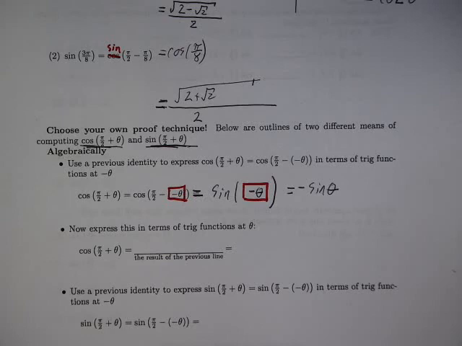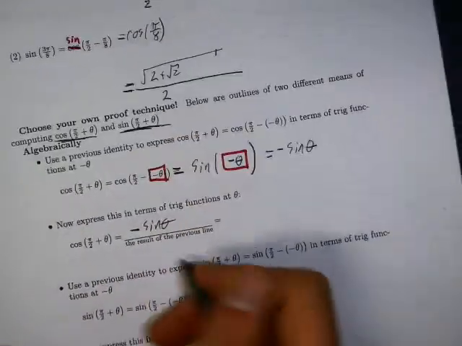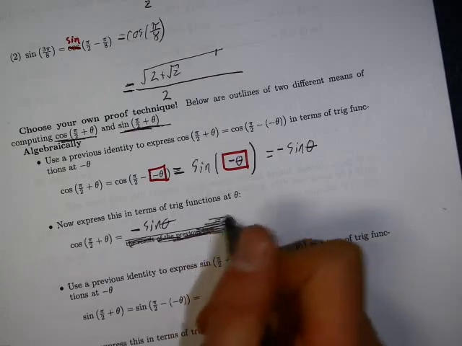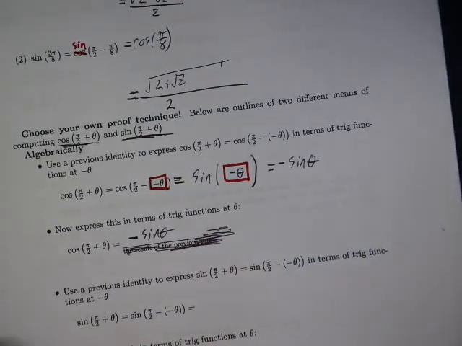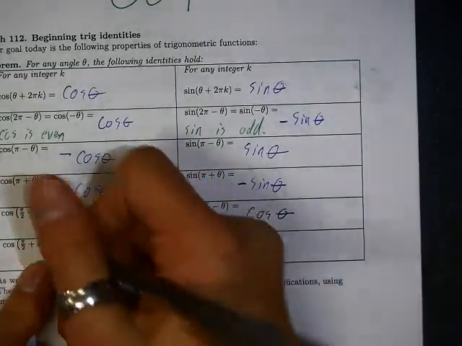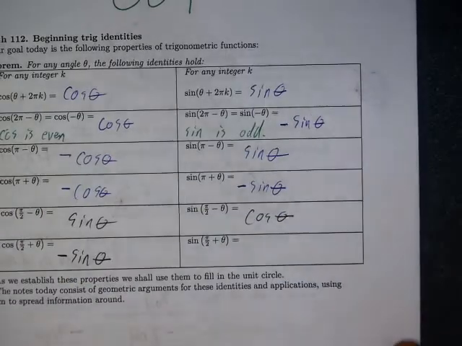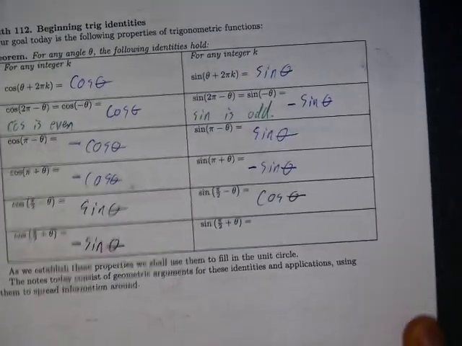So tell me then, what is the cosine of pi over 2 plus theta? Negative sine theta. Cool, so let's put that on the front page. Cosine of pi over 2 plus theta is the same thing as negative the sine of theta. Nice.